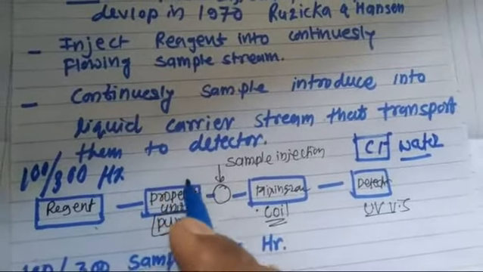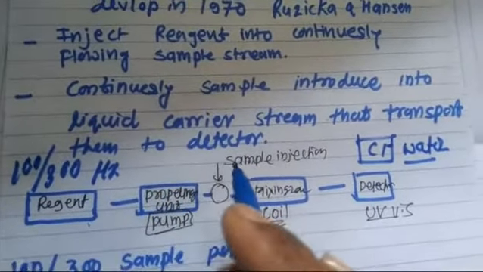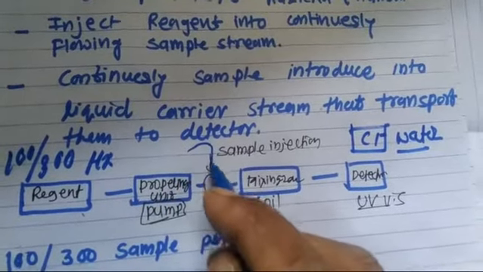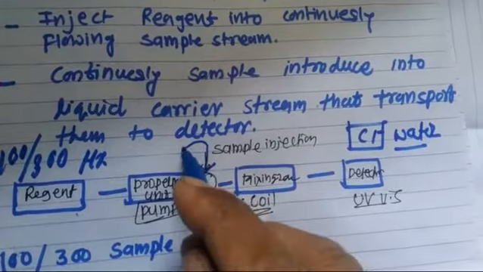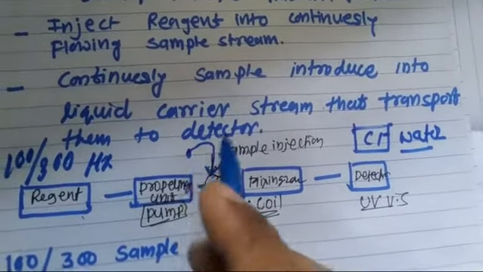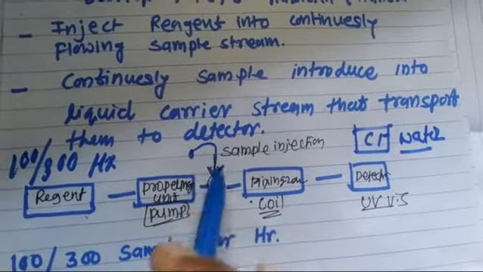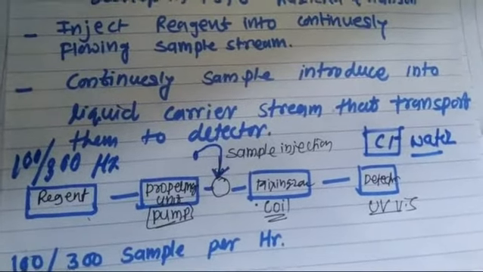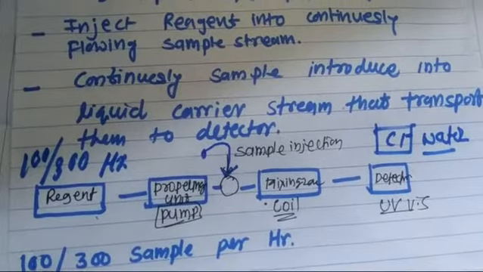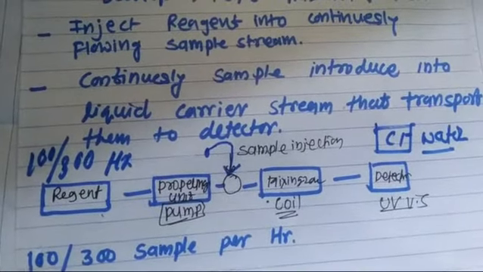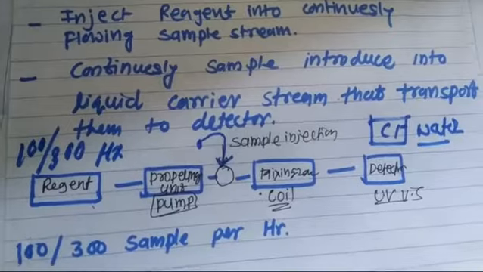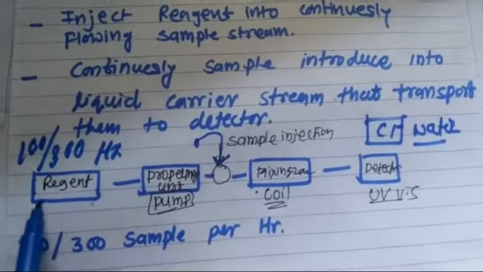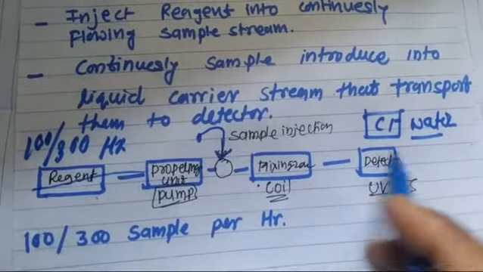In the flowing water system, a sample comes after some interval, and the machine inserts it automatically. For chloride determination, we use mercury thiocyanate as a reagent. The mercury thiocyanate reagent flows continuously in this system.